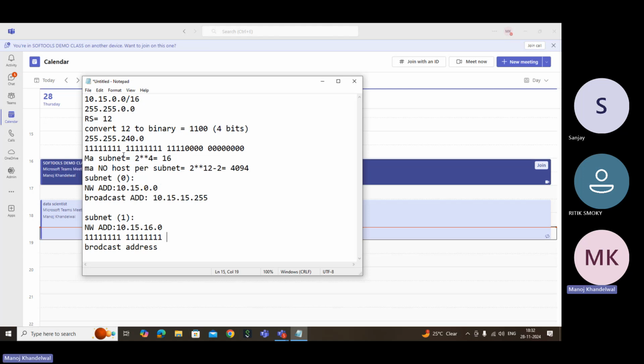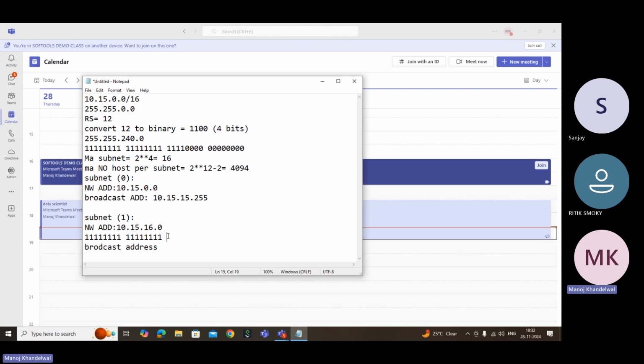Now we will take this one, this 16, because this doesn't belong to the network address. If you see here, it was 0, so we will take it as this 16.